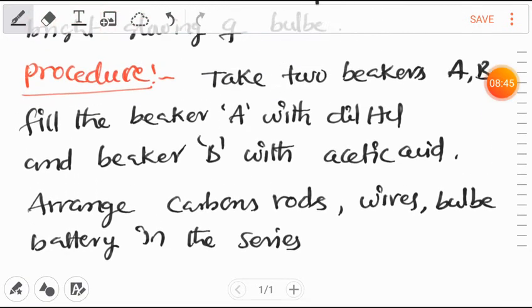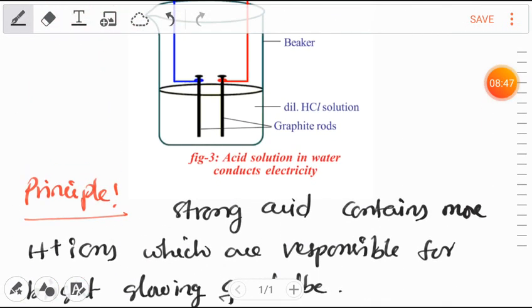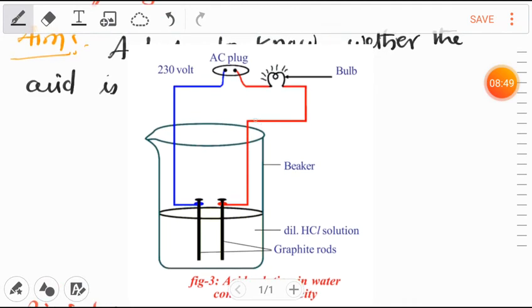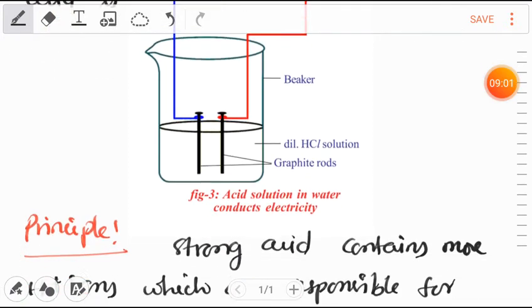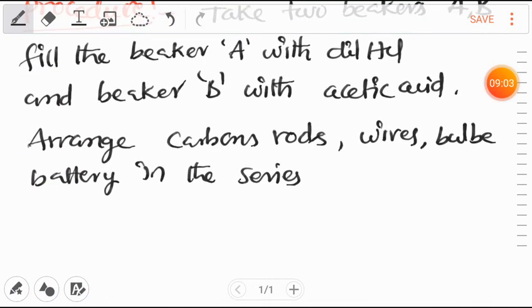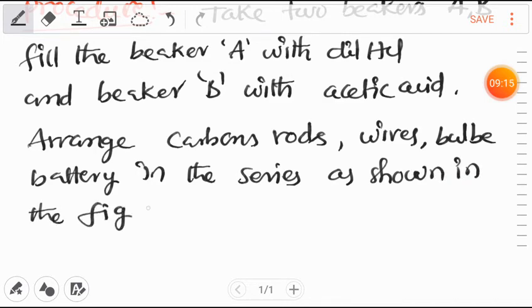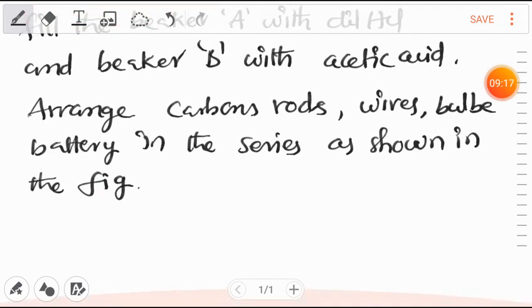What is meant by series connection? Continuous connection: bulb, battery or AC plug, whatever may be, and carbon rods, all are in series. Parallel connection is different. Do the series connection as shown in the figure. So this is the arrangement.